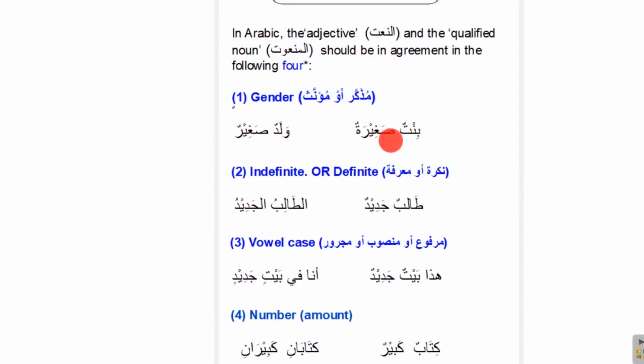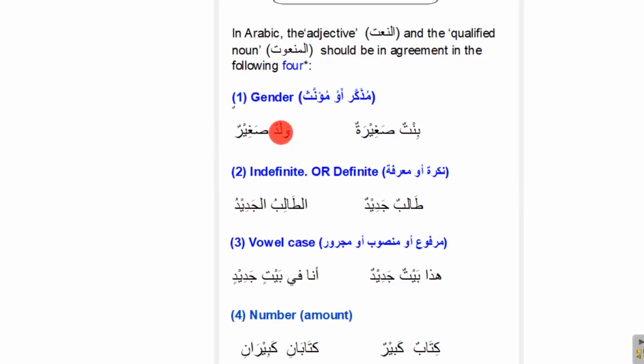You see, this saghirun is an adjective. Saghiratun is the same adjective. But why is it that this one has ta marbuta, but this one does not? This adjective and this adjective are the same. They both mean small: a small daughter, and a small son or small male child.